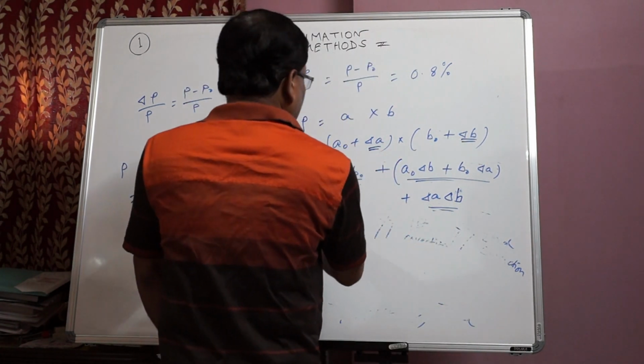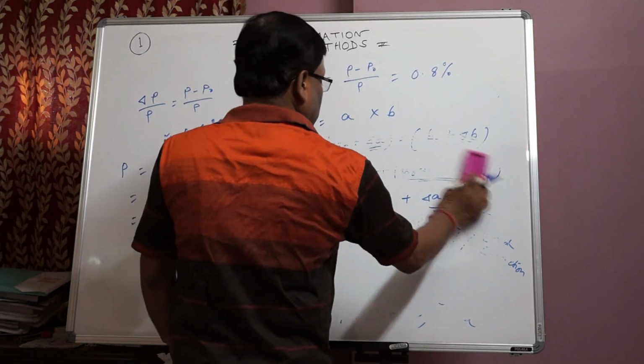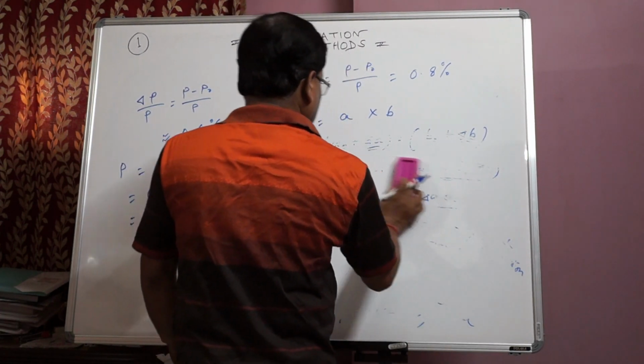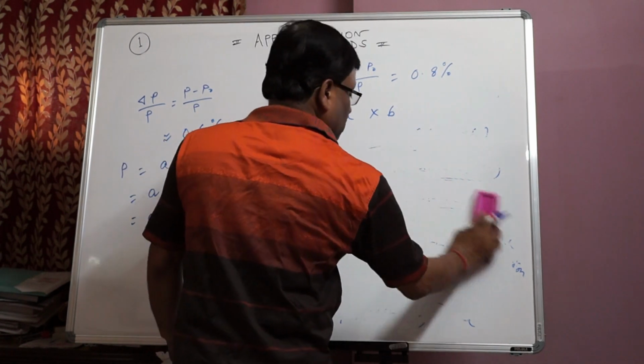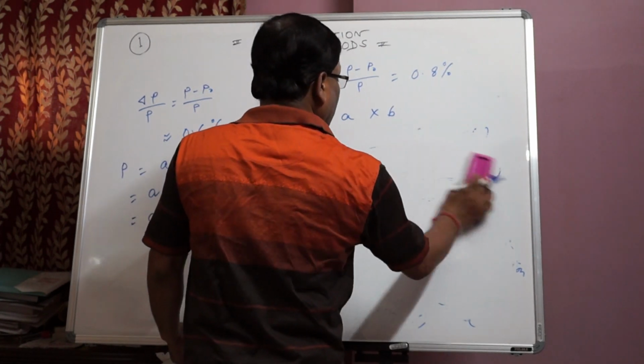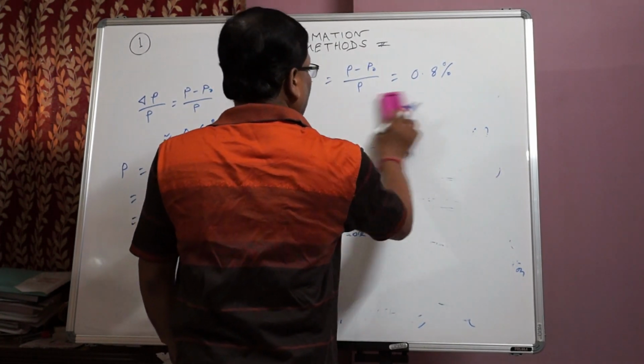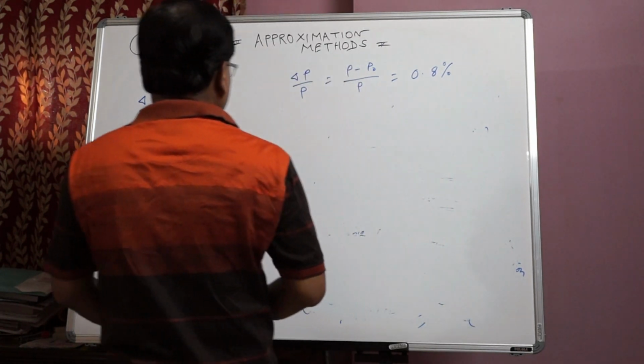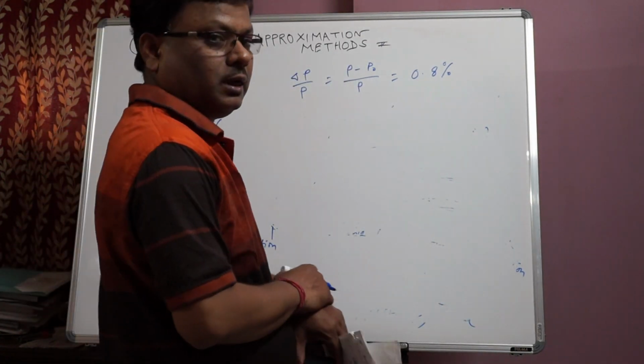Or if the perturbation part is not smaller than the dominating part, then we cannot apply approximation. For example, again we go back to that example.